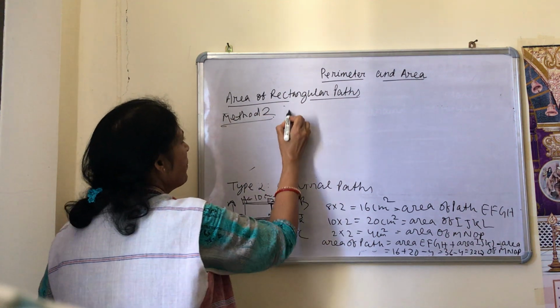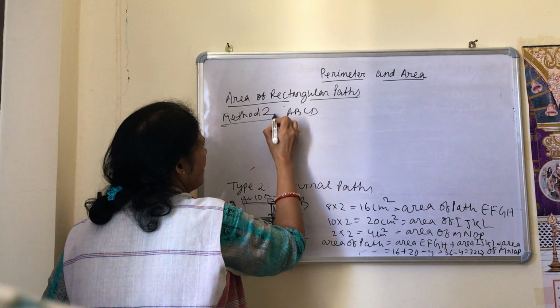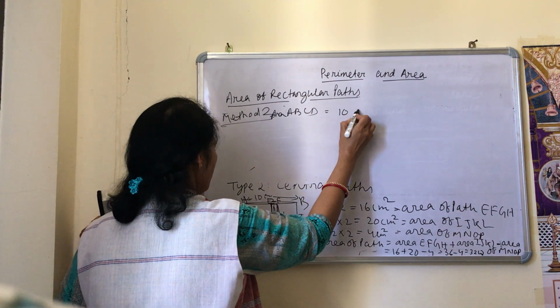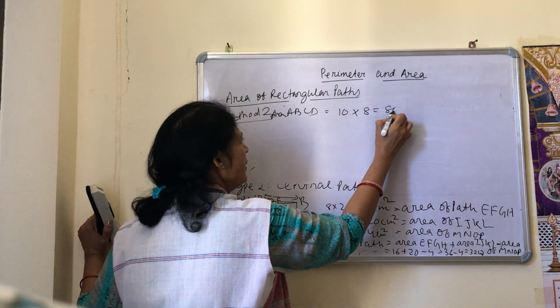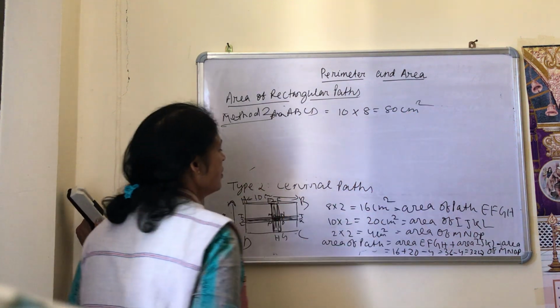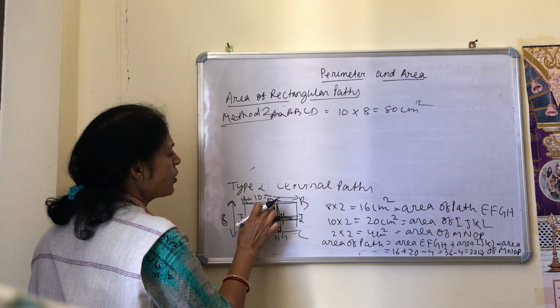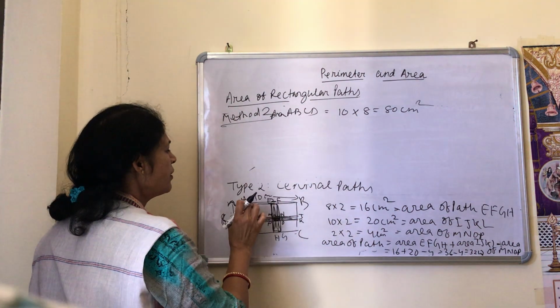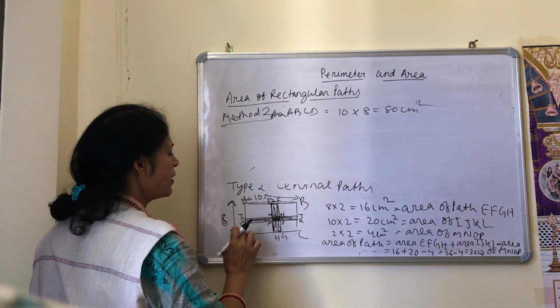So area of ABCD is 10 into 8, 80 centimeter square. So if you subtract 2 centimeter, the width of the path, then this is 8 and this is 6.